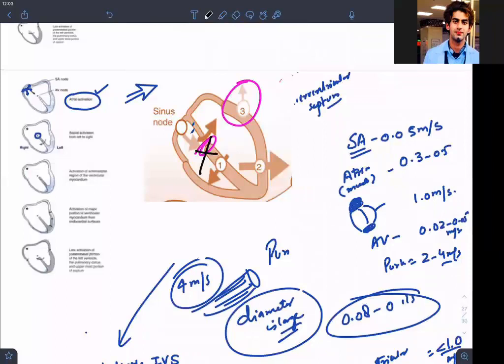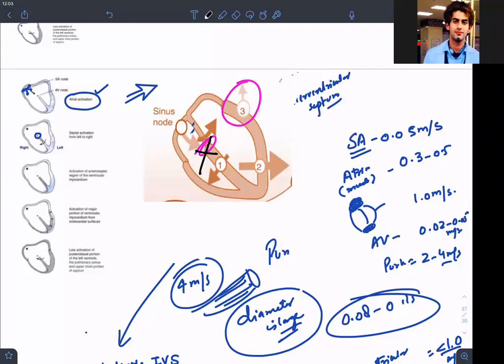Second thing, the most important thing is that atria will be contracting at its own rate and ventricles will beat at their own rate. That means they are independent of each other, and you already know atria beat at a rate of 72 beats per minute and ventricles have also their own rate of beating, that is 30 to 40. So there will be a dissociation of atria and ventricle.